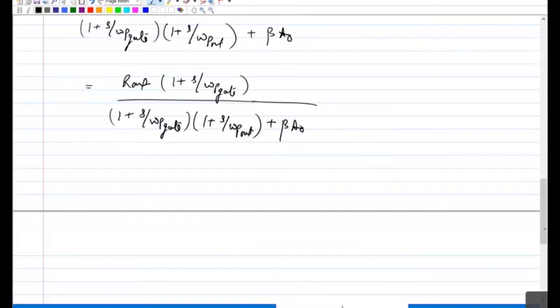So after you have compensated your regulator well, with, let's say, 60 degrees phase margin or higher, then you are trying to see what the R out will be. So what will be the separation between omega P gate and omega P out after compensation? Can anybody tell? Roughly, what kind of separation will you have, in terms of beta and A naught?